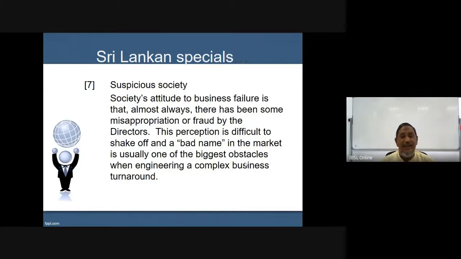One question I can ask: before the collapse of Golden Key Company, have you come across any depositor who was defaulted on interest or capital on due dates? Have you come across any case, prior to this collapse?